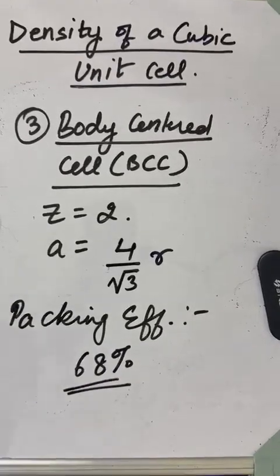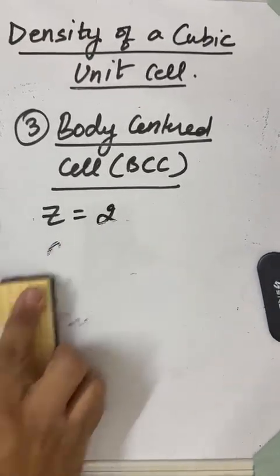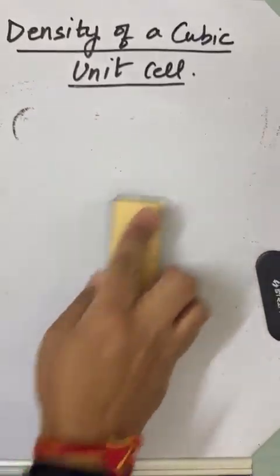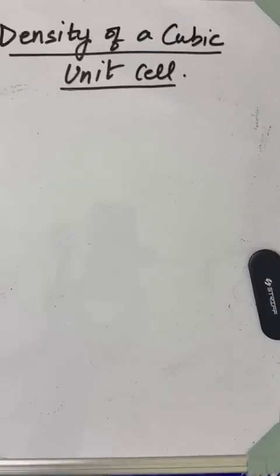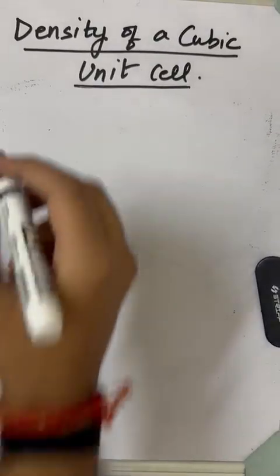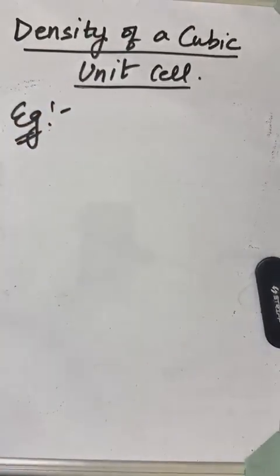So now that we have talked about all the three configurations, let's go towards the example, whereby I'll teach you how to calculate the density for a unit cell. So, example. In this example, I would be taking the example of silver crystallizing in an FCC lattice.